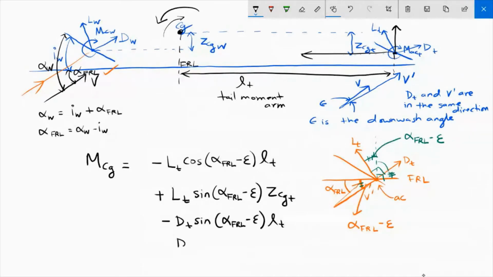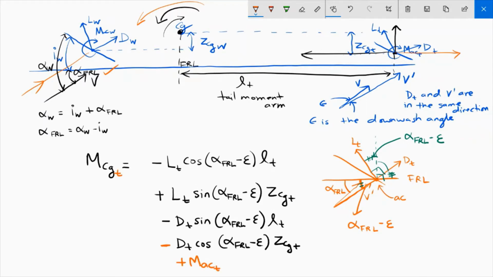Horizontal component of drag is dt cosine alpha FRL minus epsilon. The vertical distance between the aerodynamic center and the center of gravity is z cgt. So this horizontal component of drag is going to be pointing in this direction, so that will try to turn the aircraft downward, right? Downward. Okay. So that means again the contribution is going to be negative.